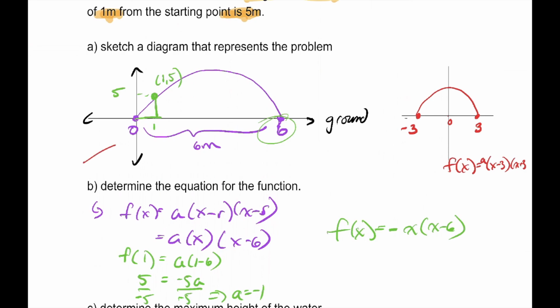In this example, 0 is the start of the fountain. In this example, 0 is the middle of the fountain. So if we say that 1 meter in is going to be 5 meters high, what's the value of that coordinate? It's not (1, 5), but in this case, it's actually going to be (negative 2, 5). So it's all relative to where we define things.